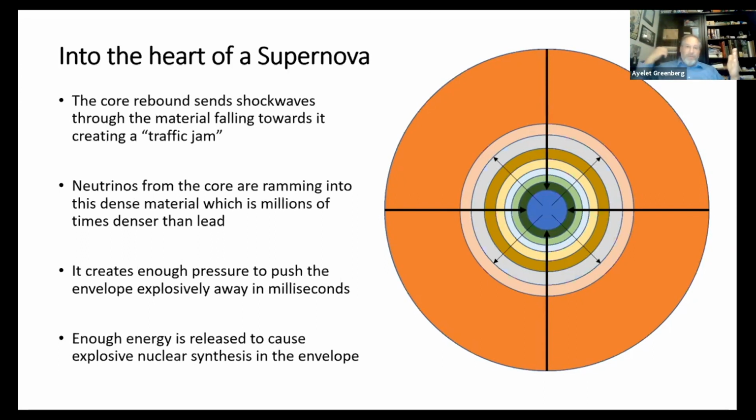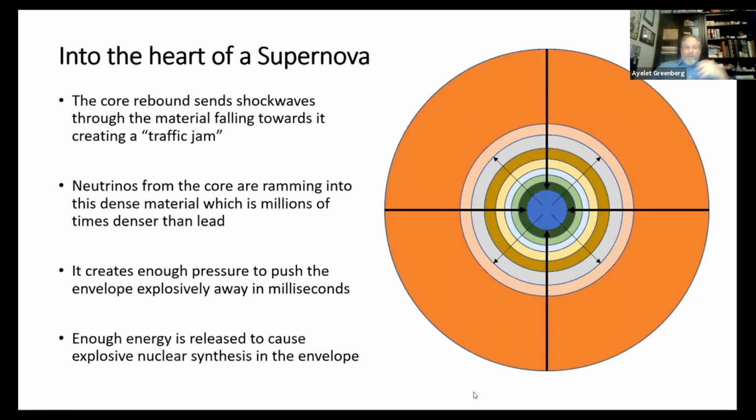They are bouncing into this strong nuclear material that is millions of times more dense than lead. They're not getting out. They're driving temperature and pressure up to the point where it can push away everything, the whole envelope, explosively away in a matter of milliseconds. That is the moment of the supernova itself.